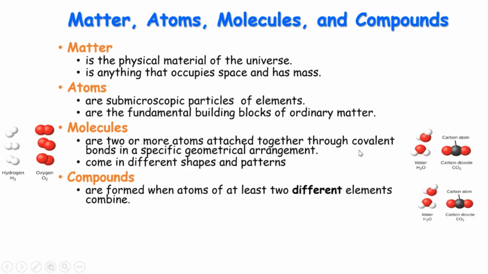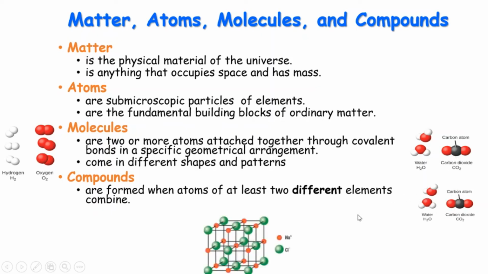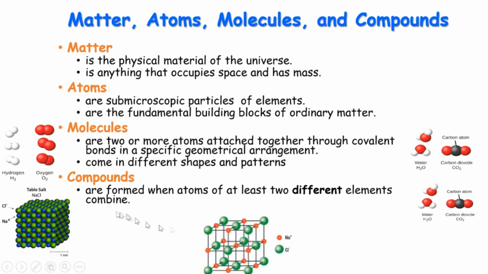You see, nonmetals can form molecules and compounds. So in this case, compounds and molecules can be used interchangeably. But there's another type of compound formed between metal and nonmetal, like in table salt, sodium chloride. Here you don't have single NaCl molecules, like CO2 or water. You don't have those individual molecules anymore in ionic compounds, or compounds formed between metal and nonmetal.